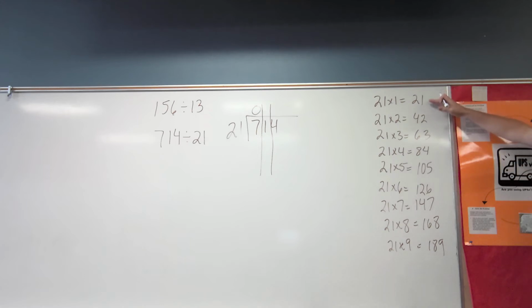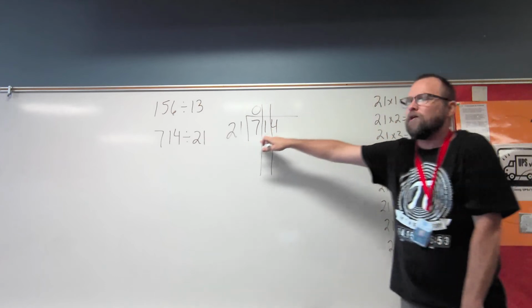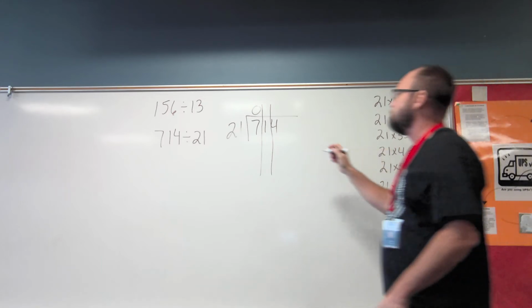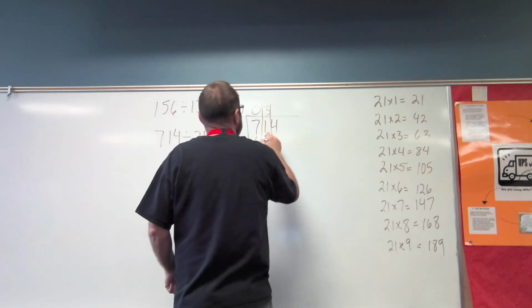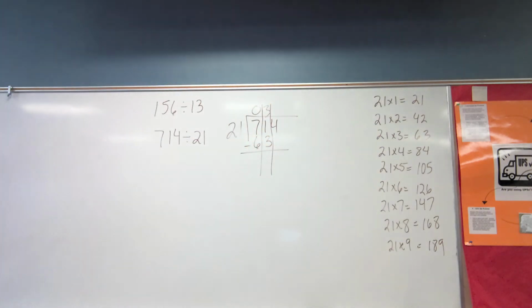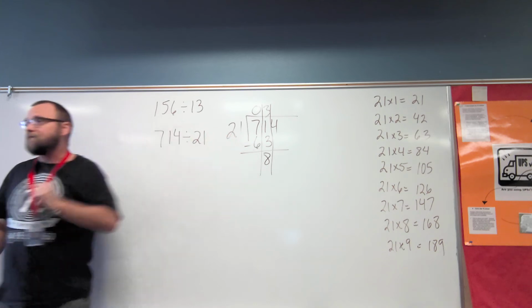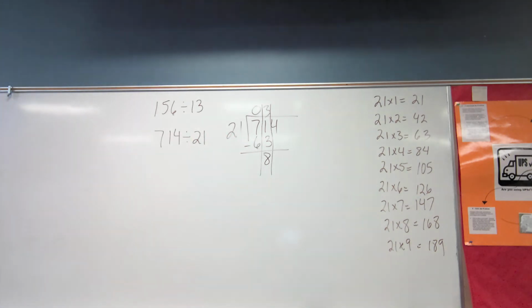But now I can look at the most difficult part of doing division, and I look down my multiples and try to find a number as close to 71 as I can without going over: 42, 63, 84. 84 is too big, so it must be 63. 21 times 3 is 63. And then I subtract, and I get 8. I'm okay because 8 is less than my divisor of 21.